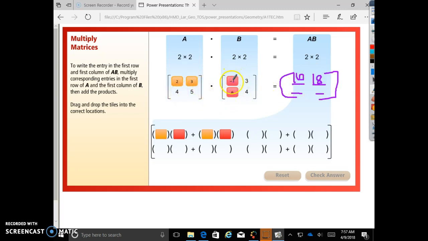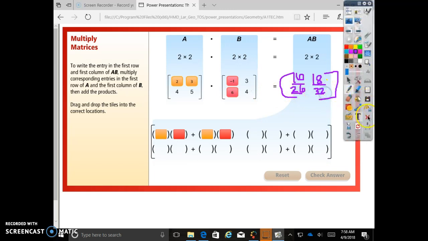4 times -1, -4. 5 times 6, 30. 30 minus 4, 26. 4 times 3, 12. 5 times 4, 20. 20 and 12, 32.